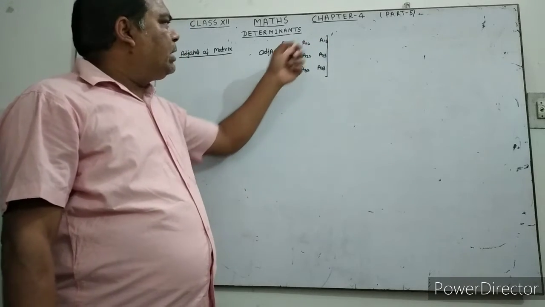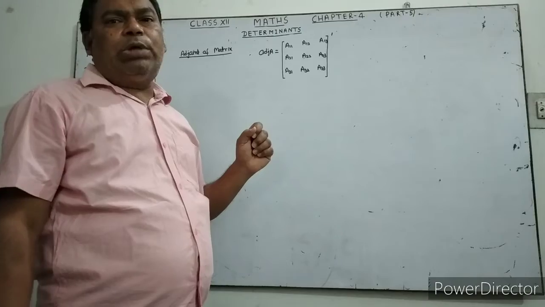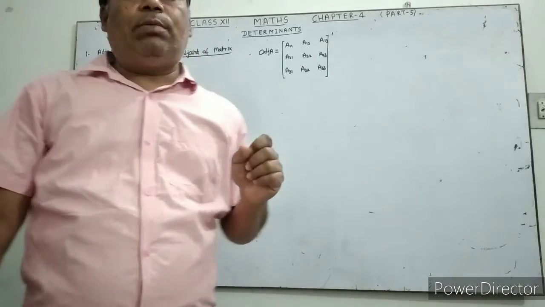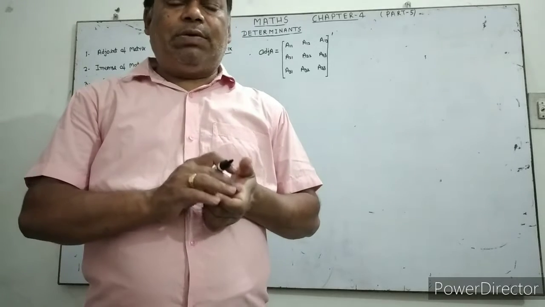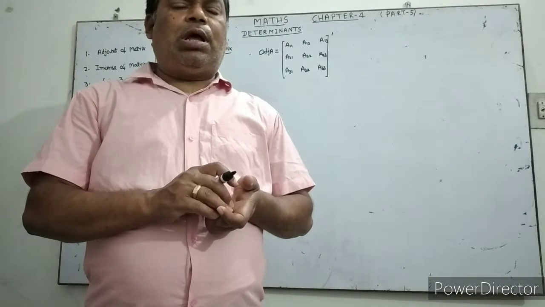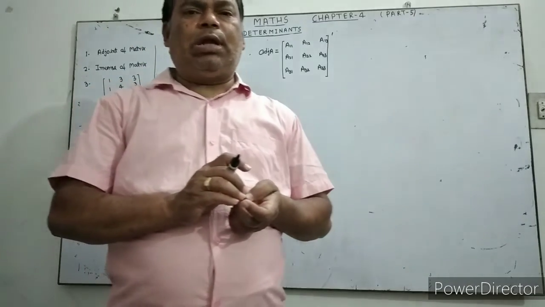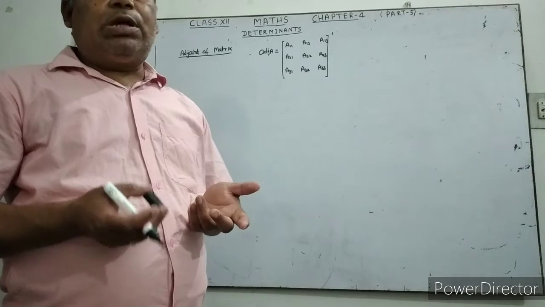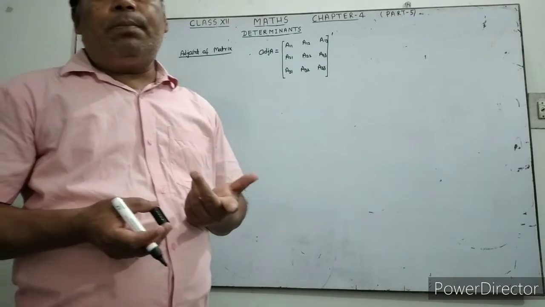You take the transpose of the cofactor matrix, and that is the adjoint of the matrix. Transpose means change rows into columns.